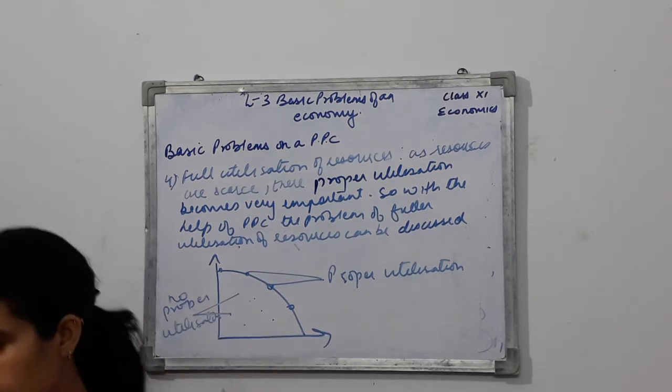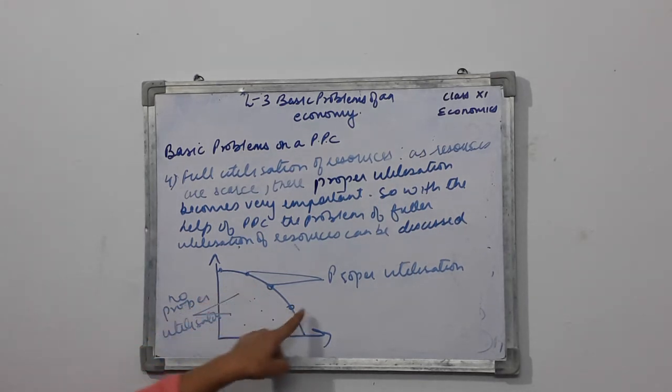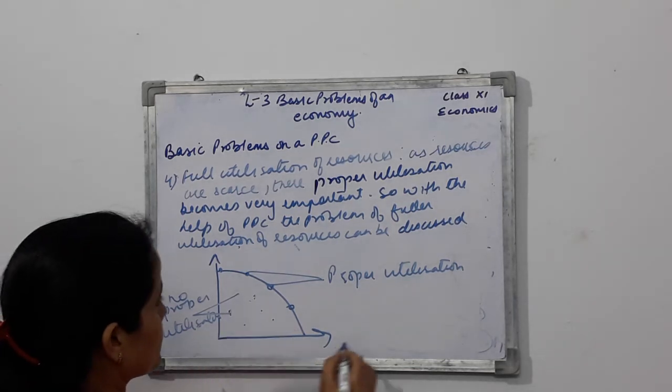So if the resources are properly utilized, the production will take place somewhere on the PPC. And if the resources are lying idle, or some of the resources are not efficiently utilized, then it will take place inside the PPC.